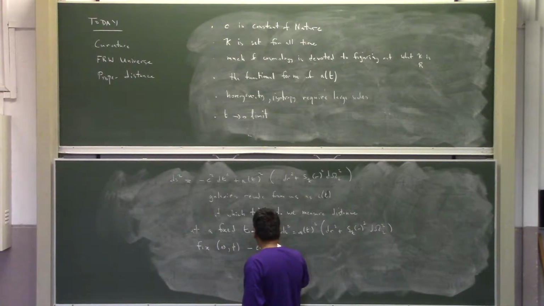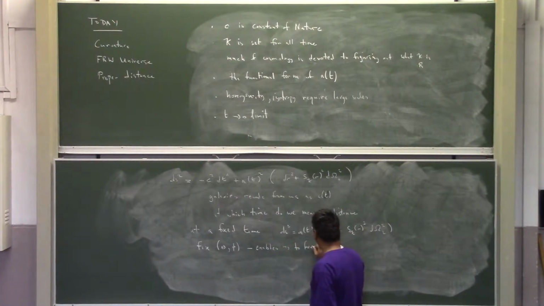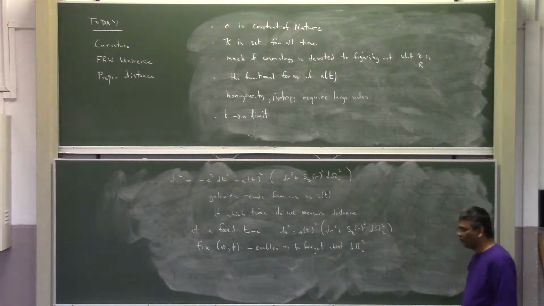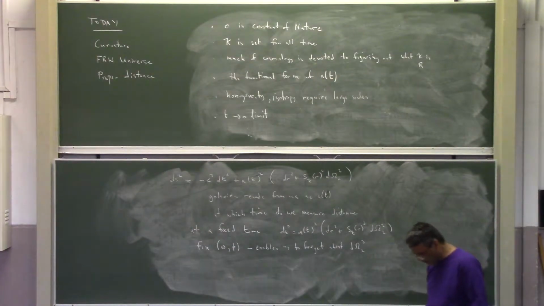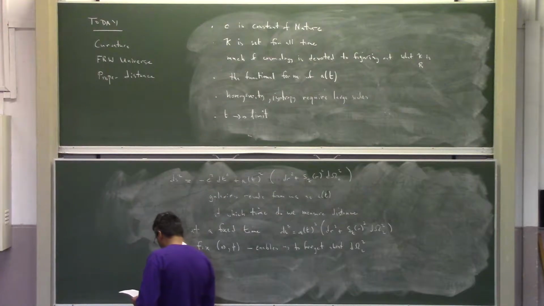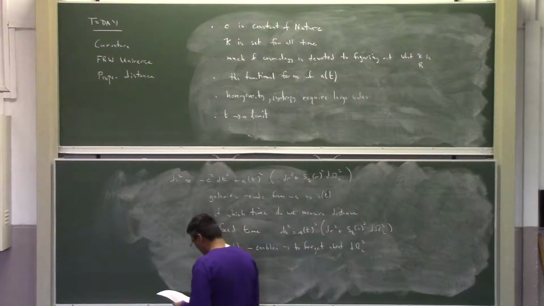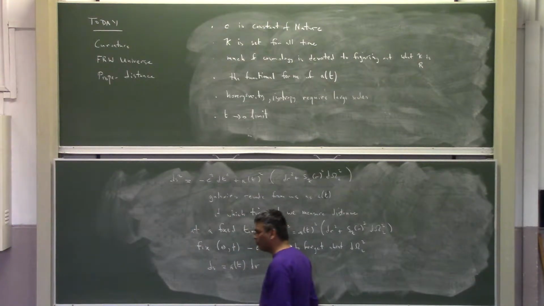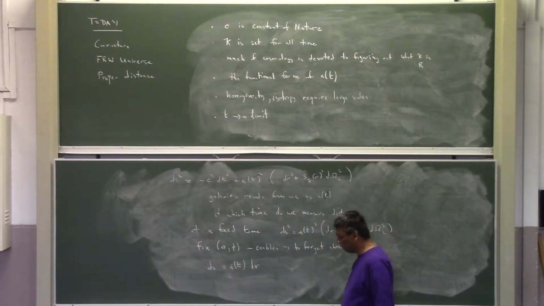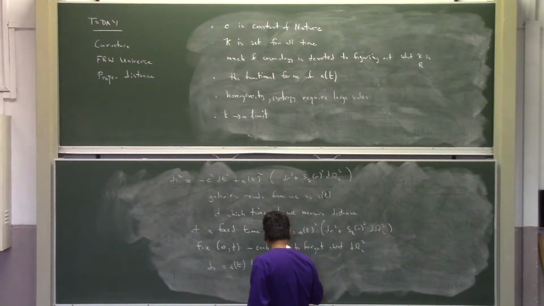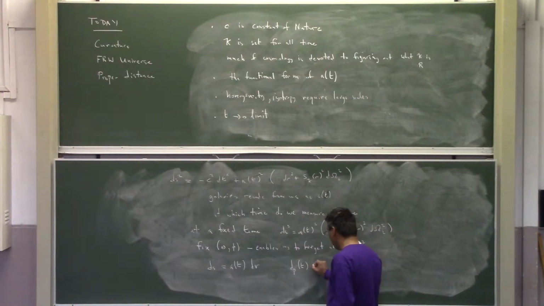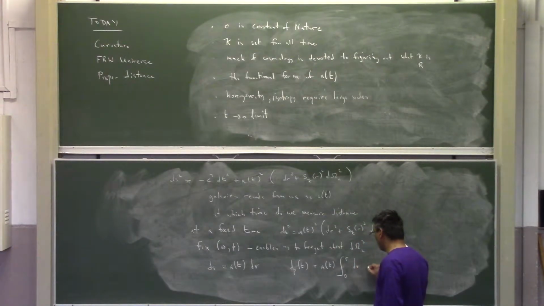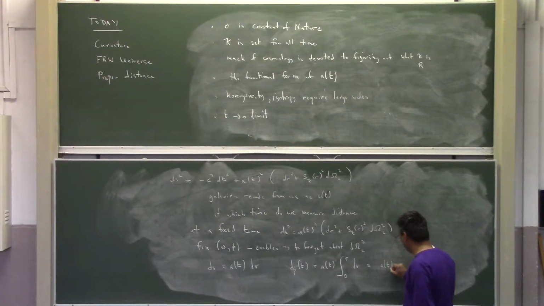This enables us to forget about this pesky d omega squared factor. At a fixed angle, this guy will vanish. And we'll think about a spatial geodesic. So along a spatial geodesic with a fixed angle, we have ds equals A of t dr. And we're working at a fixed time as well. Okay. So the proper distance, dp of t, we can write as A of t times the integral from 0 to r of dr, which is A of t times r.